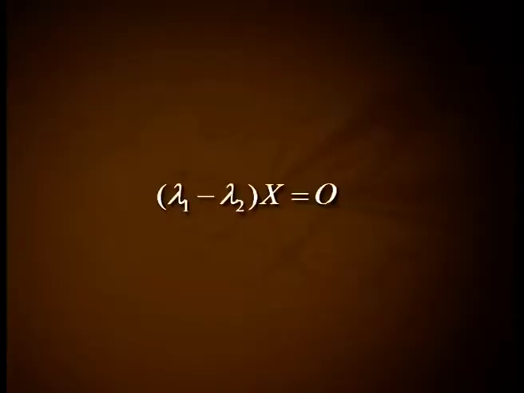Subtracting equation 2 from equation 1, we obtain lambda 1 minus lambda 2 into x equal to 0, the zero column matrix, equation 3. Since lambda 1 and lambda 2 are distinct, we have lambda 1 minus lambda 2 not equal to 0. So equation 3 implies that x equal to 0, which is a contradiction to the fact that x is a non-zero vector. Hence, corresponding to a non-zero characteristic vector x of the square matrix A, there is only one characteristic root.